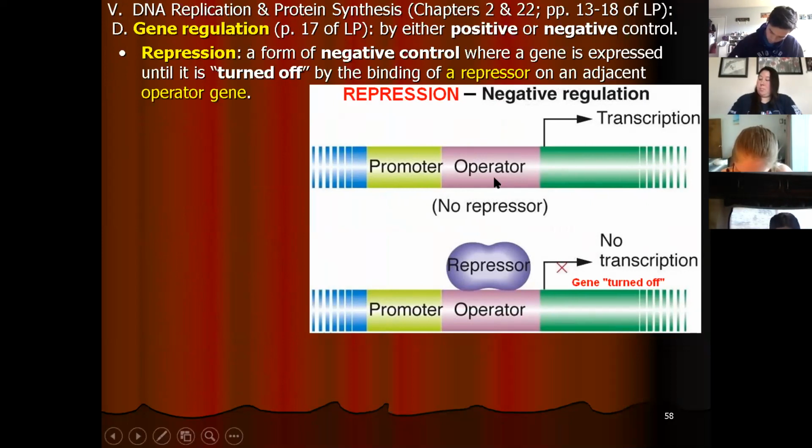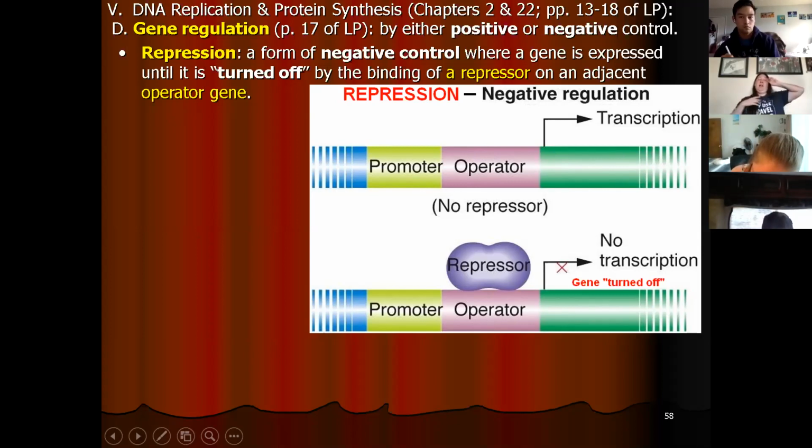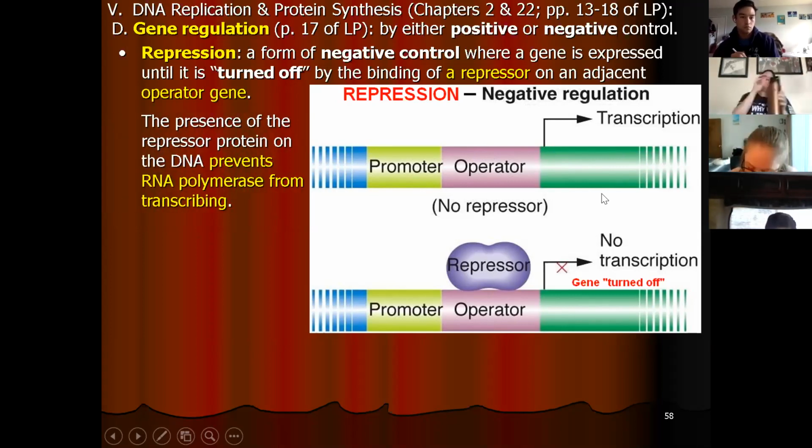Now, these are some of the genes, some of the 20,000 genes that don't code for proteins. These are genes, though. Promoter gene, operator gene. What is being transcribed is the region in green.